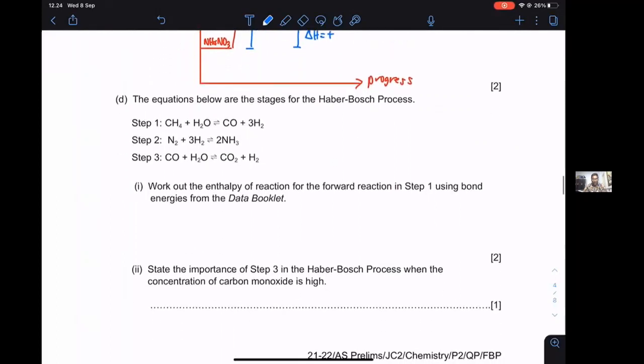Now you have this Haber-Bosch process. You have 3 steps. Work out the enthalpy of reaction for the forward reaction in step 1 using bond energies from the data booklet.